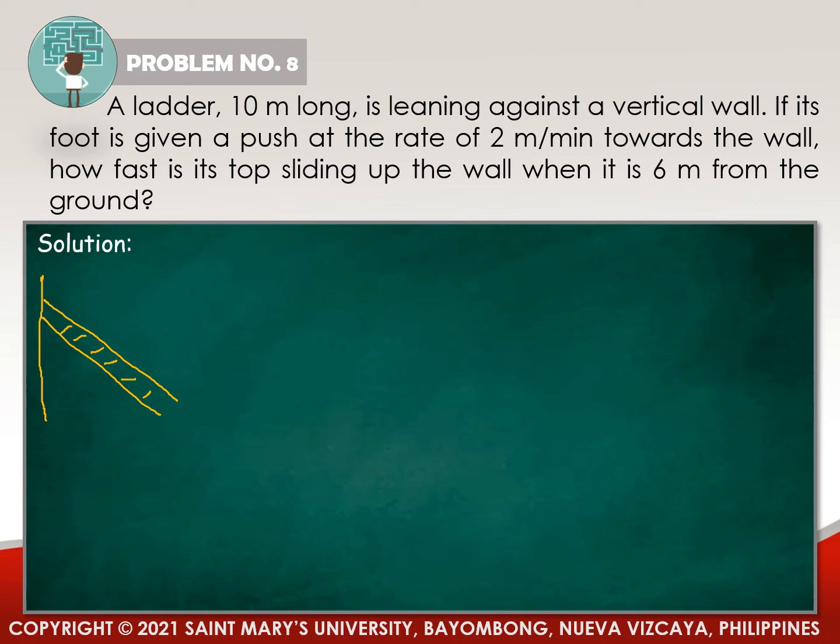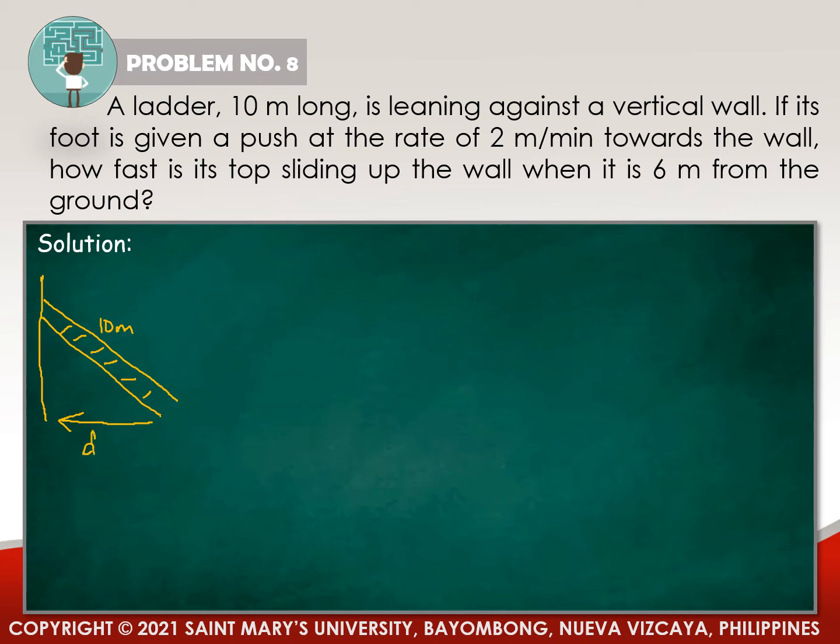Sabi doon, the ladder is 10 meters, is leaning against a vertical wall. If its foot is given a push, yung foot ng ladder will be pushed towards the wall at the rate of 2 meters per minute. Meaning to say, the base of the right triangle formed by the ladder and the wall is decreasing.